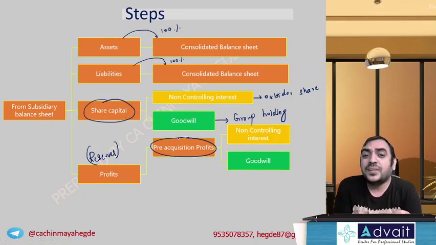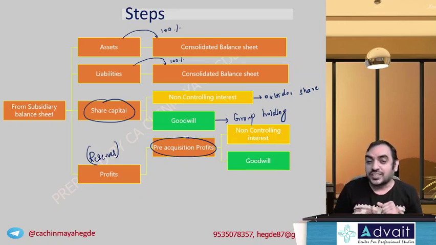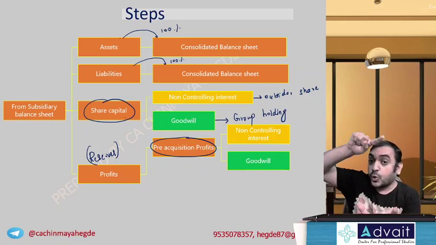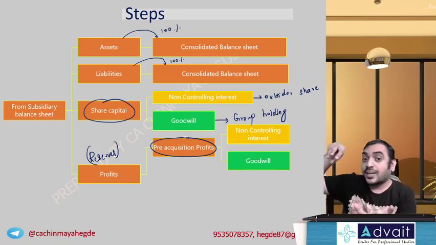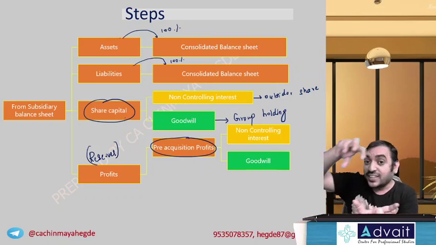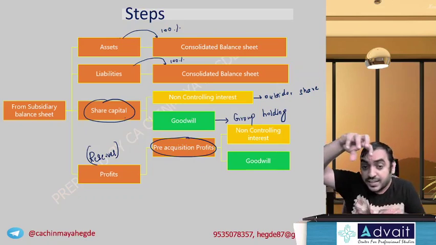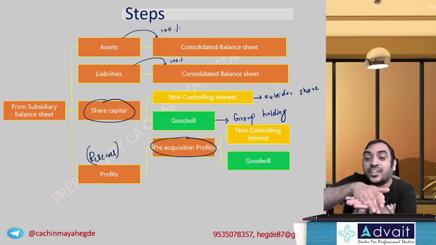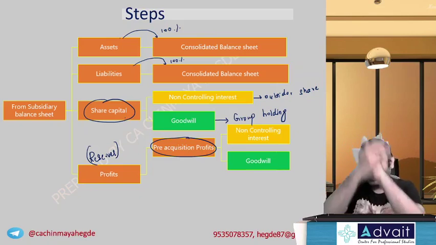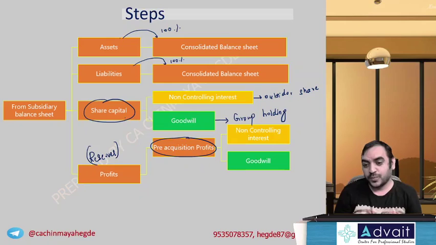Share capital plus pre-acquisition profits is nothing but net assets on the date of acquisition. One element from the holding company balance sheet will not come to the consolidated balance sheet, the investment. So that investment and these net assets will be set off. The net amount is called goodwill. Hope you're understanding the structure of it.